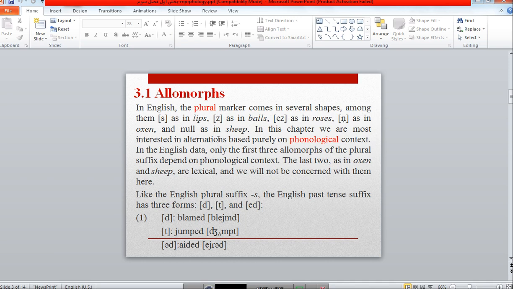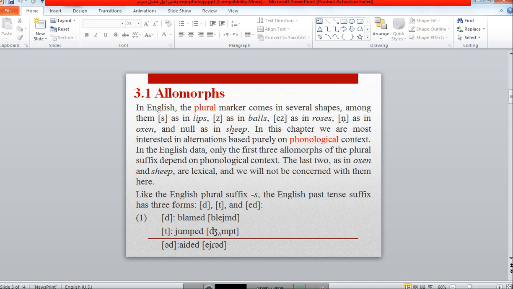So these are the allomorphs of the underlying morpheme. So in English, the plural marker comes in several shapes. Among them, s as in lips, z as in balls, and es as in roses, en as in oxen, and the null as in sheep. These are the allomorphs of the plural morpheme in the English language.